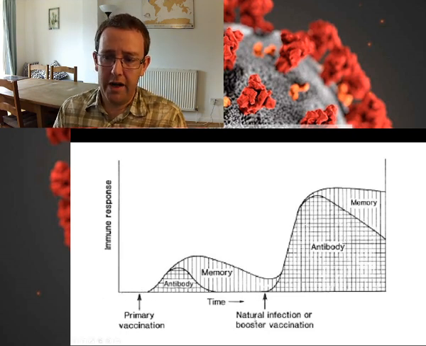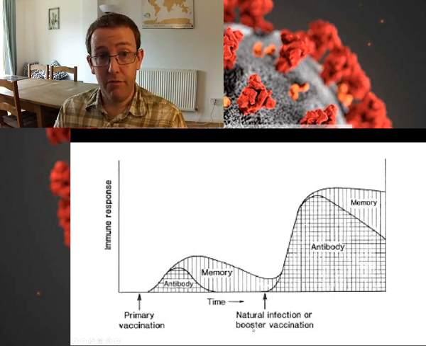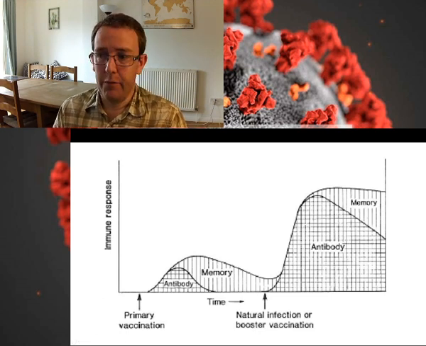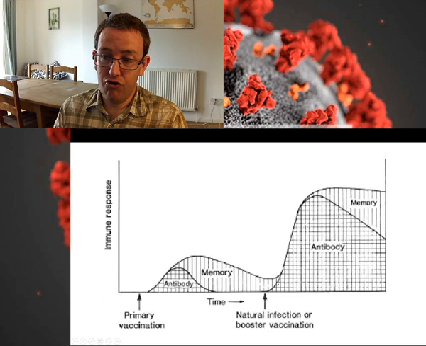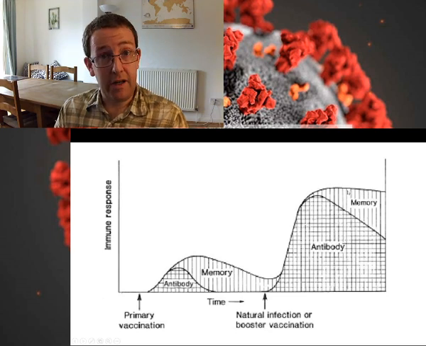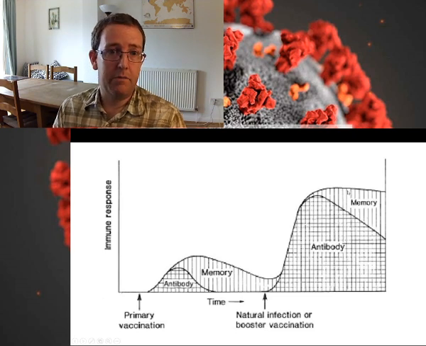Well, that's why some vaccines have booster injections. Some vaccines you need two, maybe three doses to get enough immunity to be long lasting. Once you've got that, then you get a much stronger response and our memory cell levels stay nice and high. They do decline over time, which is why some need long-term boosters.